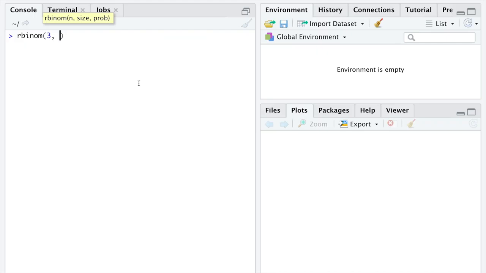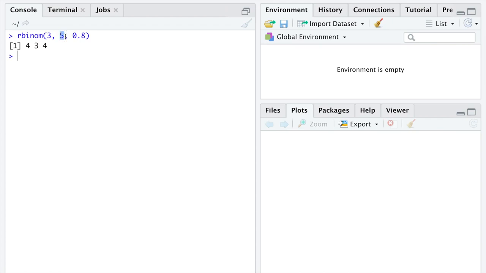So we could say, like we did before, we have size 5, and let's go with a probability of success of 0.8. I don't know, maybe the base pairs are likely to match somewhere along the way. So in this case, we have 3 observed values. Each of the values is the sum of 5 Bernoullis.